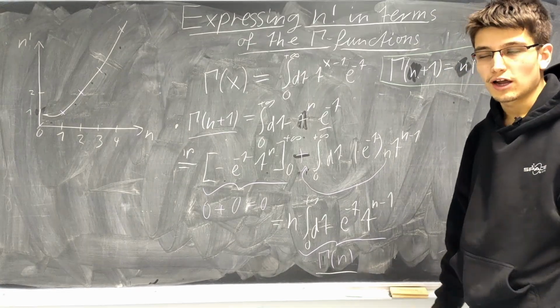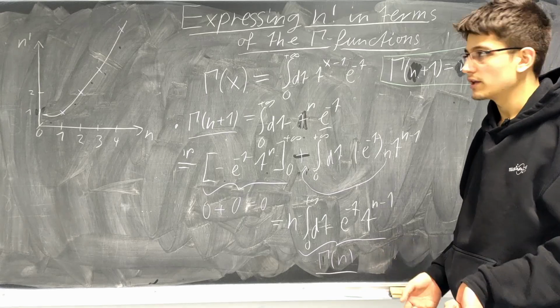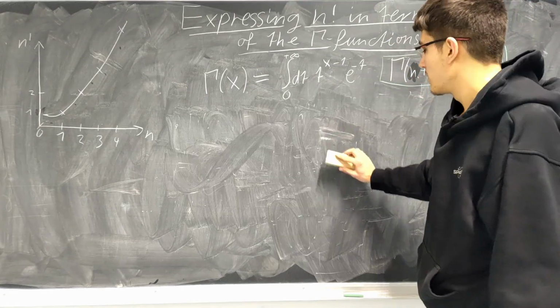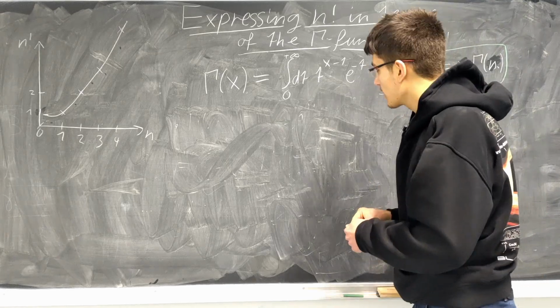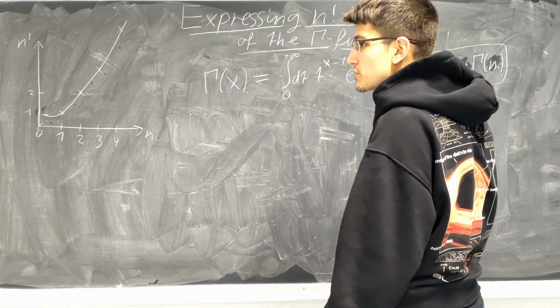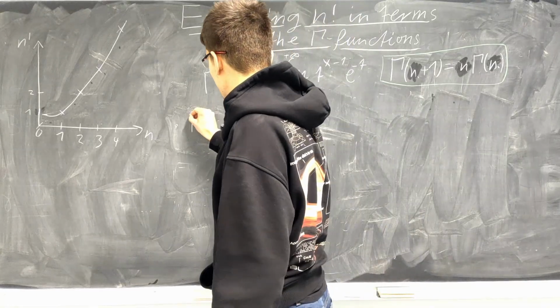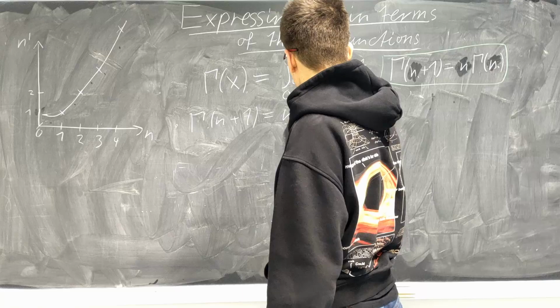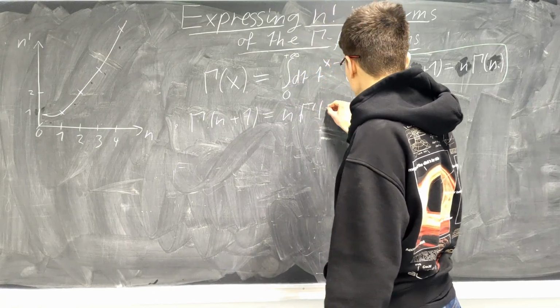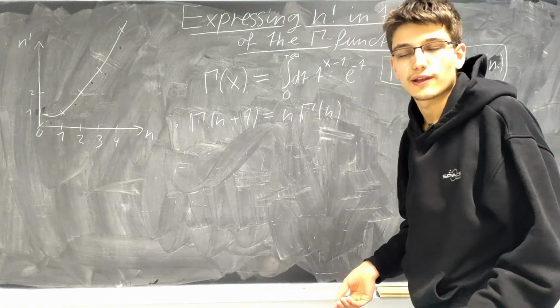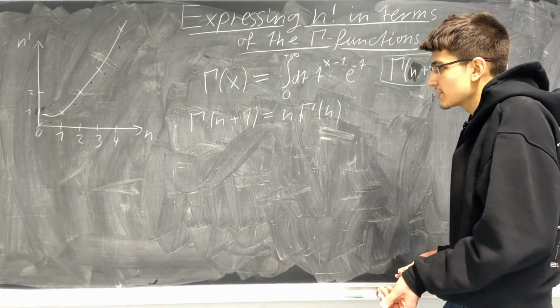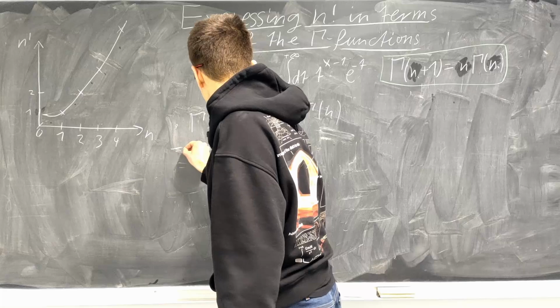What is the connection to the faculty? I need some space for that. So this property is proven now, so let's write it down. But this is true for every n, or for every x, if we want to say it more generally. So let's just continue.